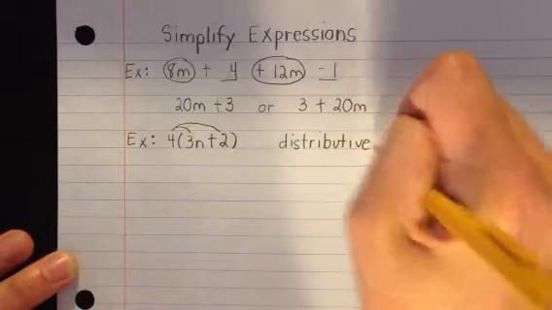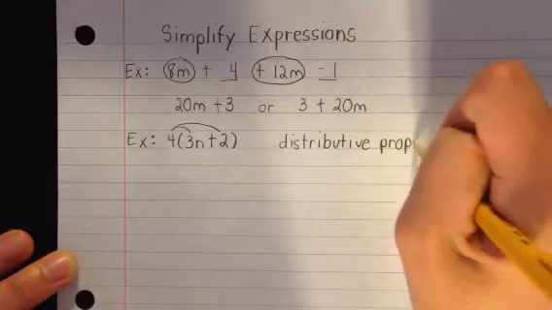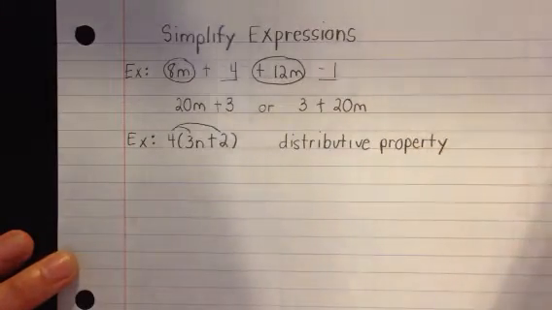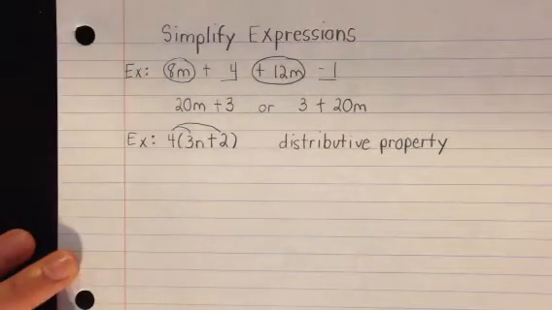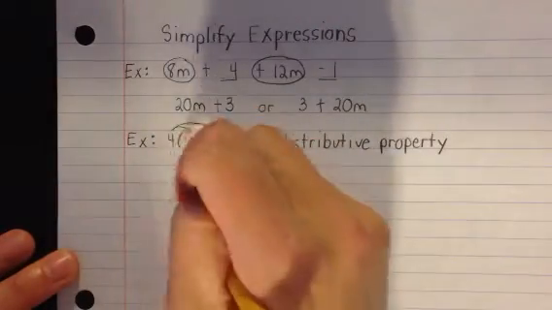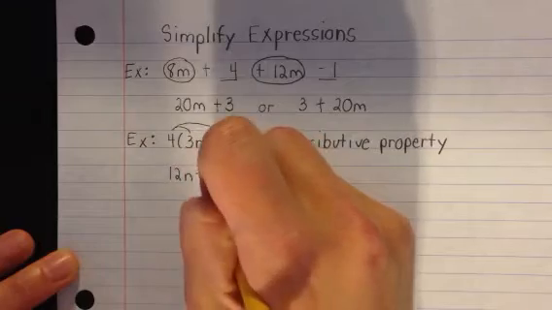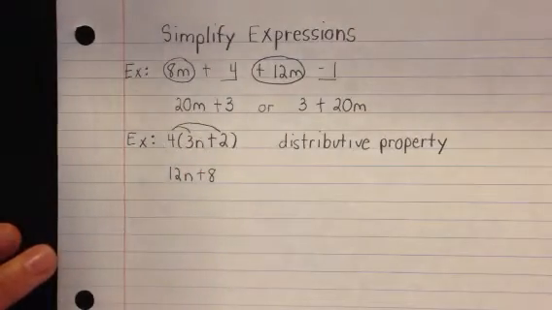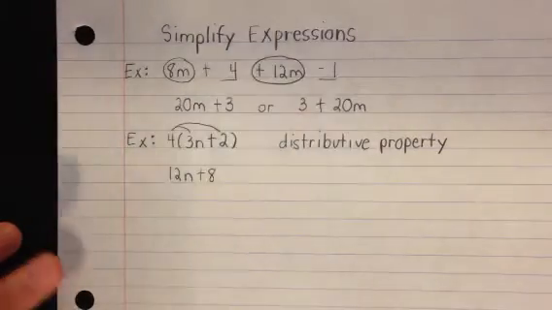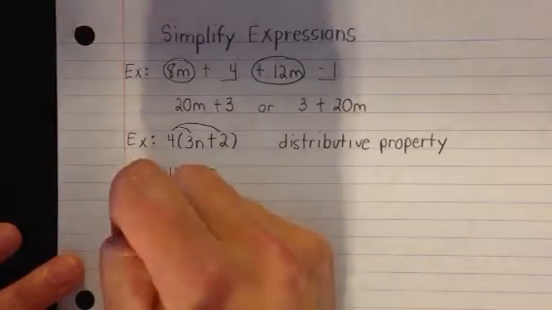We are distributing that within the parentheses, and the operation you're going to perform is multiplication. So 4 times 3n is 12n, and 4 times 2 is 8. From here I can't combine those, they're not like terms, so just leave it like that.